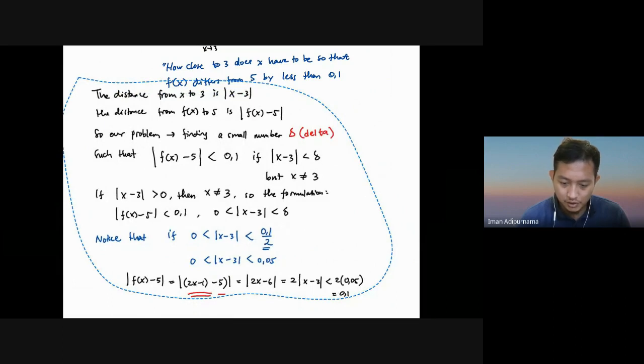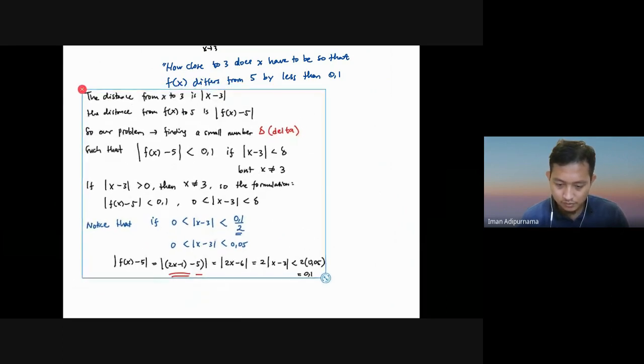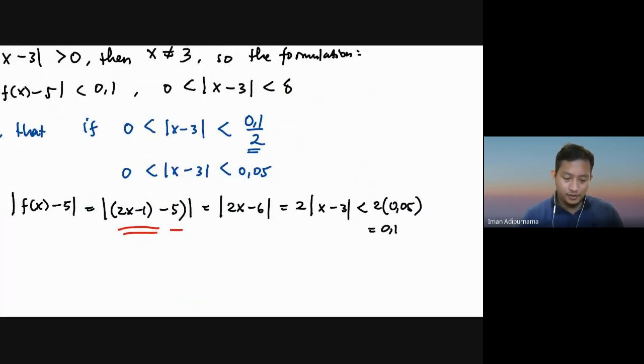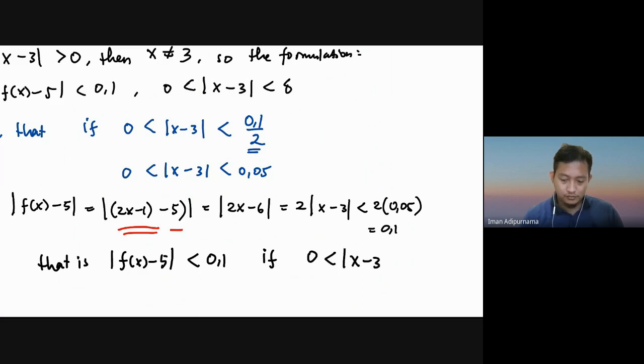Maybe make it a little bit smaller. Now, so we find the delta is 0.05.